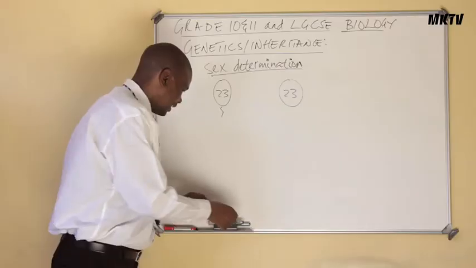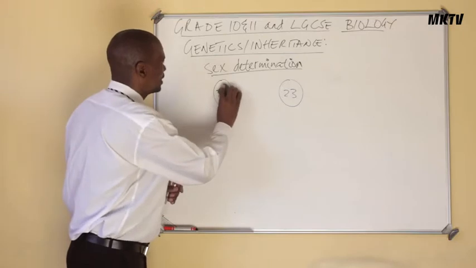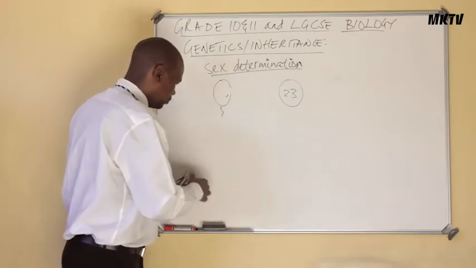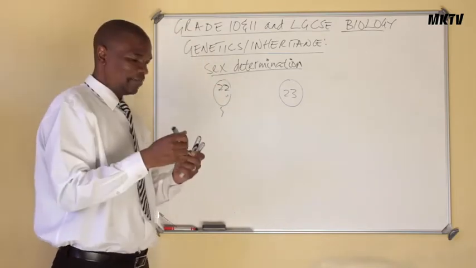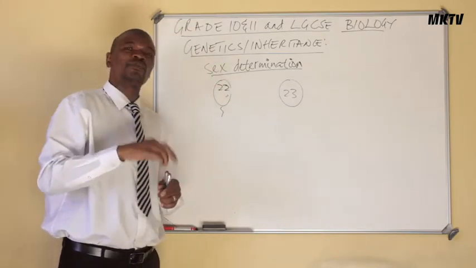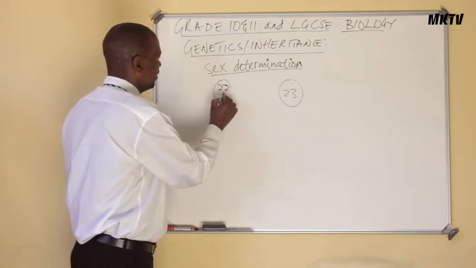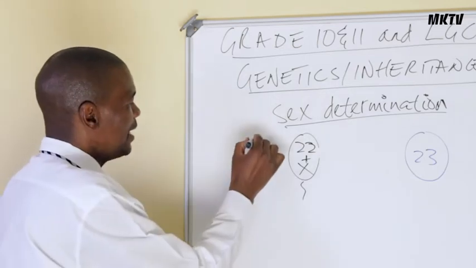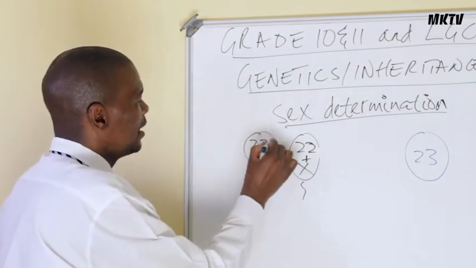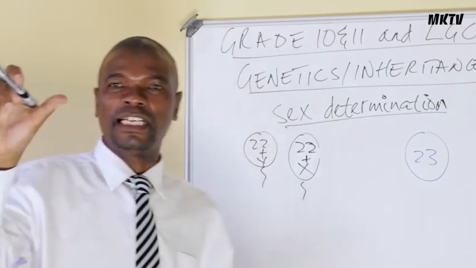In other words, a sperm has got 22 chromosomes. Remember, that's my 23, but I want to break it down into 22 plus what we call an X chromosome. And then another sperm has the same 22 with a chromosome shaped like a Y.